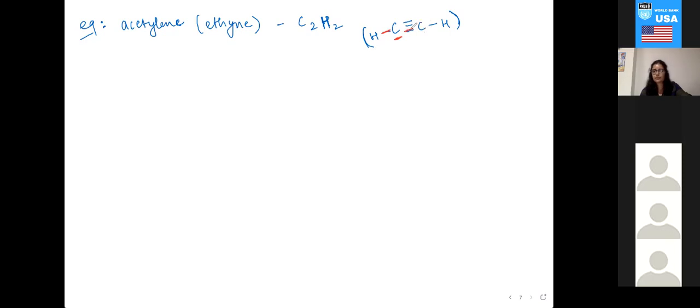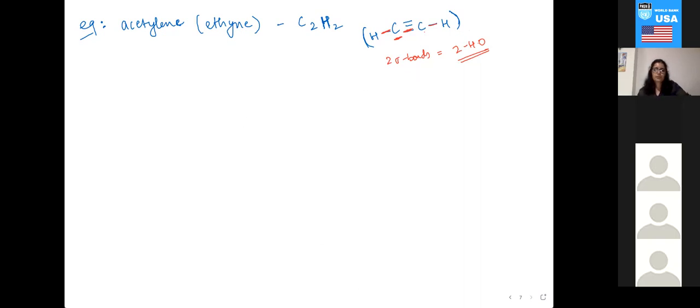Similarly, this carbon also has one sigma here, one sigma here. So 2 sigma bonds means it requires 2 hybrid orbitals to form this compound. If you want only 2 hybrid orbitals, you need to put in 2 atomic orbitals. So that's how you can figure out that it is going to undergo sp hybridization.